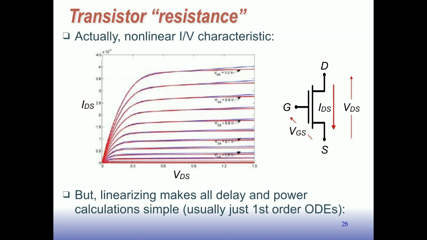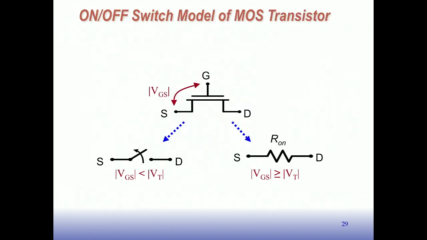And people who do analog circuits, of course, care about that, so they will model it that way. Us doing digital circuits, we don't really care that much. We can get a pretty good approximation by modeling things as resistors. So I just wanted to show you that so you know that this is not totally accurate, but it's accurate enough.